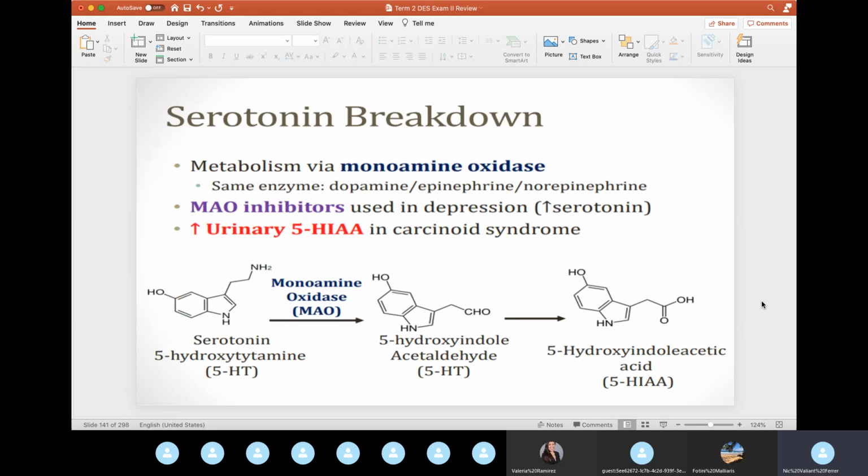That's carcinoid syndrome. How are we going to break down serotonin? Via monoamine oxidase. So MAO inhibitors, most commonly used in depression. So in the urine, you can see increased, high yield, urinary 5-HIAA, or hydroxyindoleacetic acid, in carcinoid syndrome.